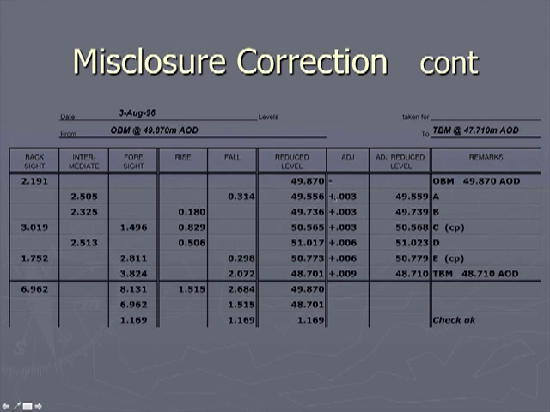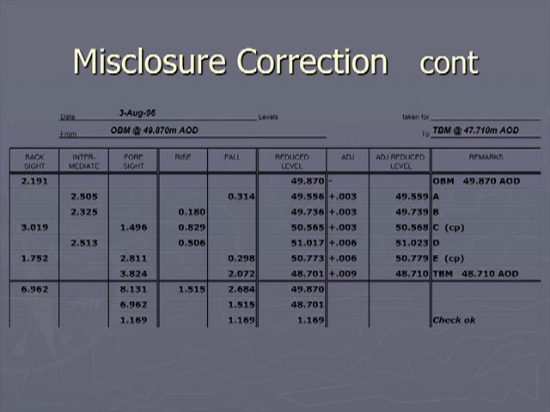So what you see here, the first instrument position gets 3 millimeters. The next instrument position will get 6 millimeters, and that is the 3 millimeters allocated as a correction for this instrument position, plus the 3 millimeters already carried in the system. And then the final instrument position gets 9 millimeters, which is the 6 millimeters already there, plus the 3 millimeters allocated only for this instrument position as a correction.